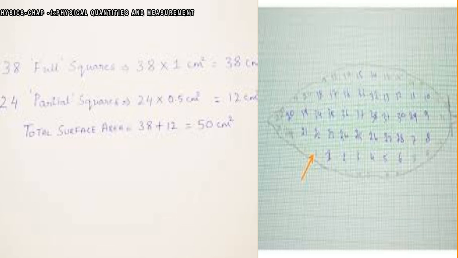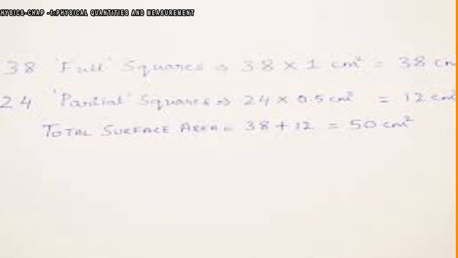So 24 into 0.5 centimeter square equals 12 centimeter square. So total surface area equals the total area of full squares plus the total area of partial squares, which is 38 plus 12 equals 50 centimeter square.